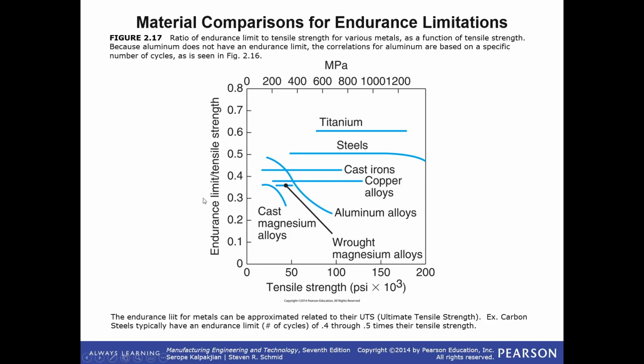So they have a relation here between endurance limit and that tensile strength. You get an idea of your endurance limit of these specific metals, just correlating them. As you might expect, titanium has quite a bit more endurance strength than, say, aluminum.